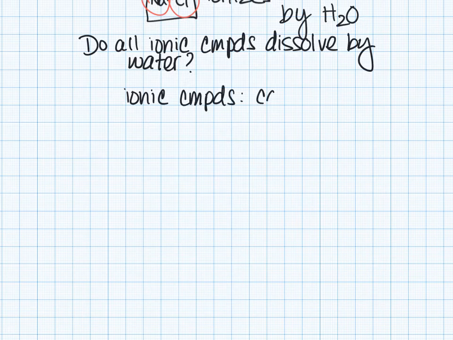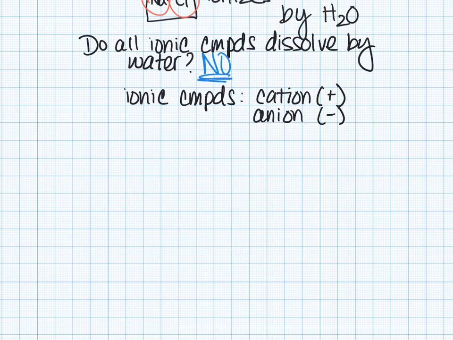Of a cation, positively charged, and an anion, negatively charged. Well, if all of them are composed of a cation and an anion, wouldn't all of them have a favorable interaction with water and thus become solvated? Well, you could probably guess by the way that I'm asking the question, the answer is no. Not all ionic compounds dissolve in water.